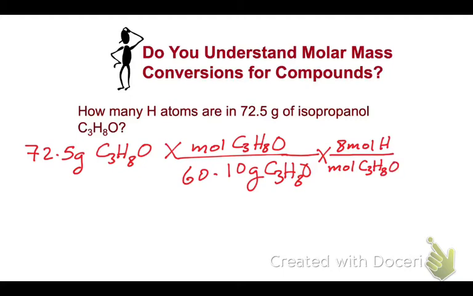So now moles of isopropanol cancel out. You have moles of hydrogen atoms. And if you have moles of hydrogen atoms, can you calculate the number of hydrogen atoms? Yes, using Avogadro's number. So you're going to say there are 6.022 times 10 to the power 23 hydrogen atoms for every 1 mole of hydrogen atoms. Now you go through your calculator. In this case, you do have to have 3 sig fig.